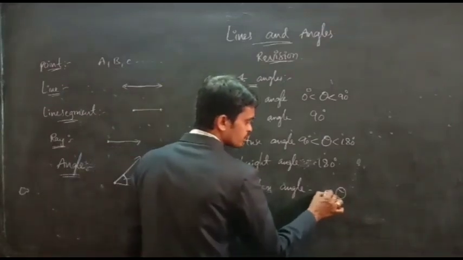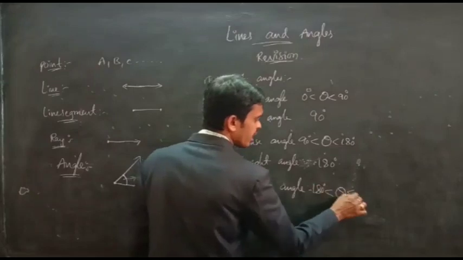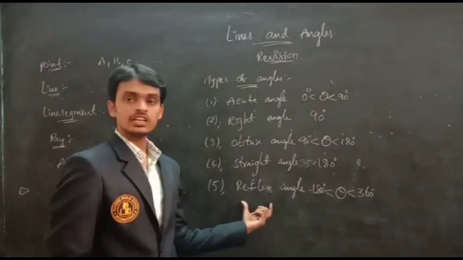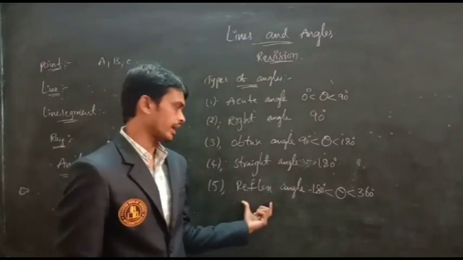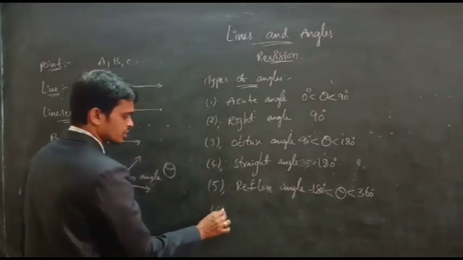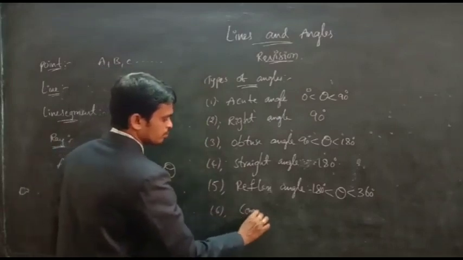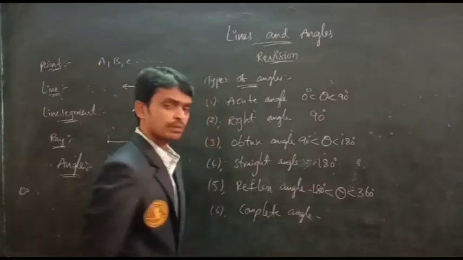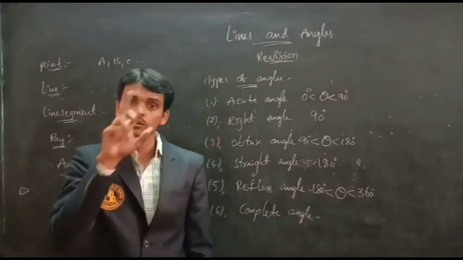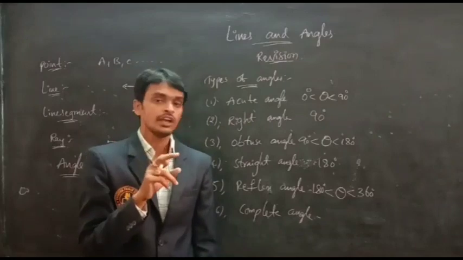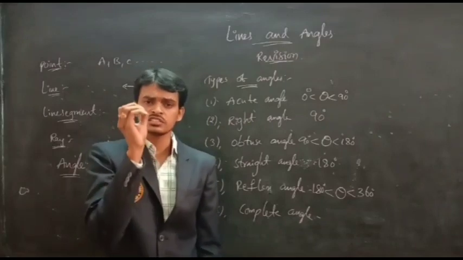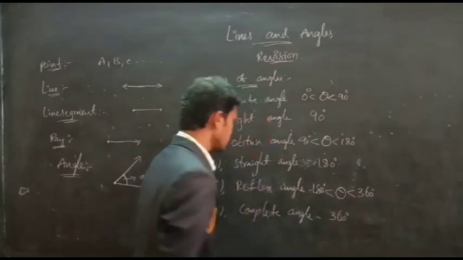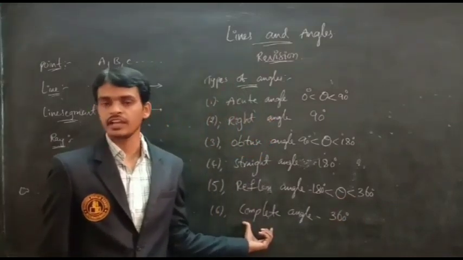Sixth one, complete angle. A complete angle is nothing but one rotation. If the angle measures exactly 360 degrees, then the angle is said to be a complete angle.